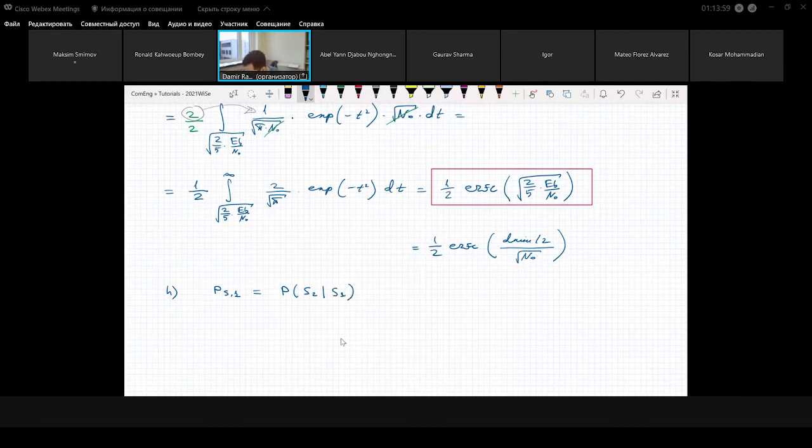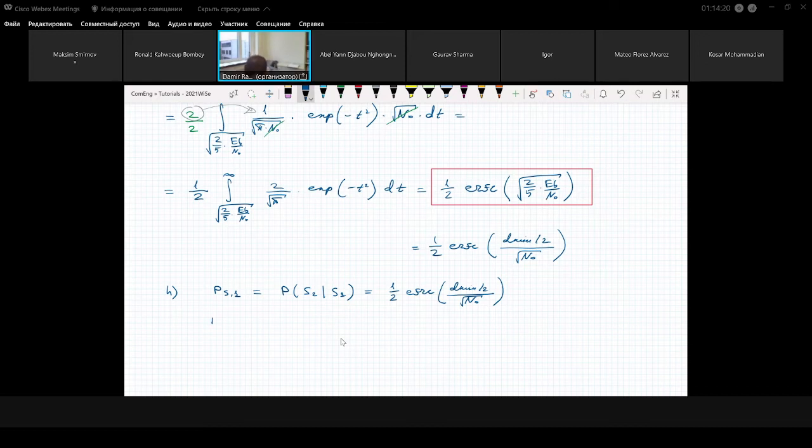And we know this probability of error, we have found it. It will be 1/2 complementary error function of d min over 2 divided by square root of N0. So this is the possibility to make error.